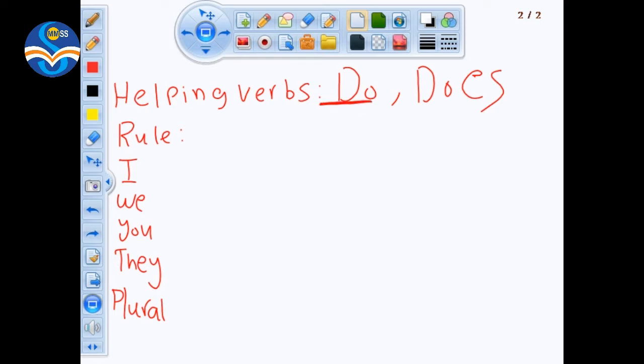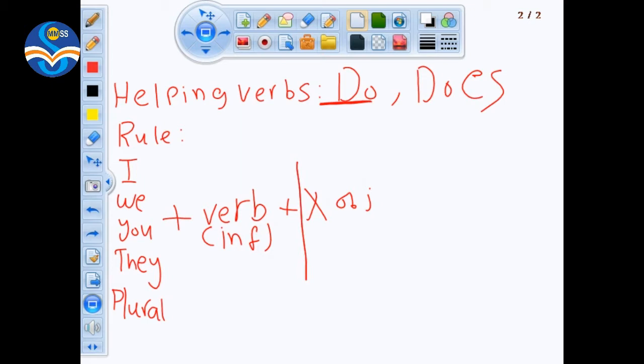So, the rule is going to be like this: I, we, you, they, plus verb in its infinitive form. Of course, I put the object, but I'm speaking about the rule itself.